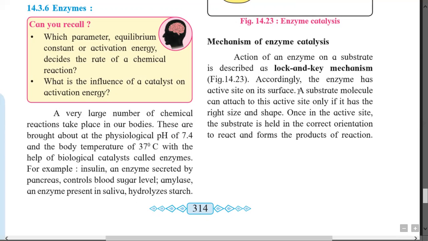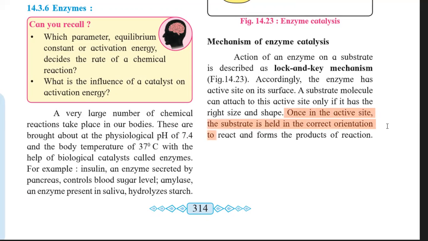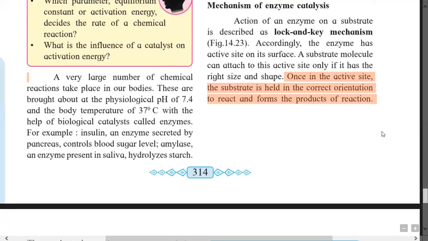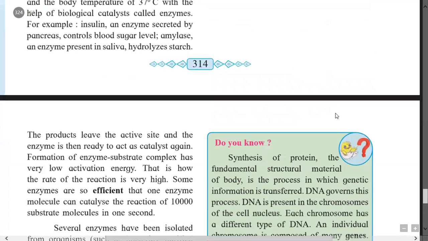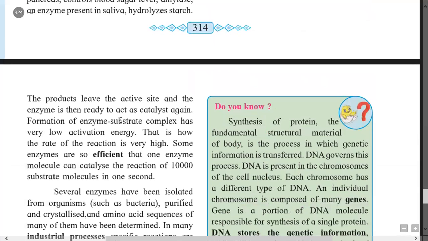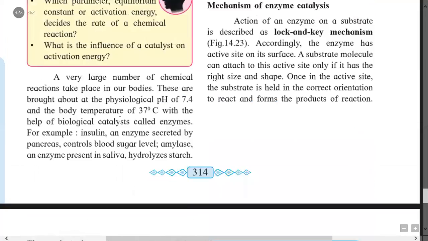Or highly specific. So when the substrate is held in the active site in a correct orientation to react and forms the product of the reaction, the products leave the active site. The enzyme is then ready to act as a catalyst again.